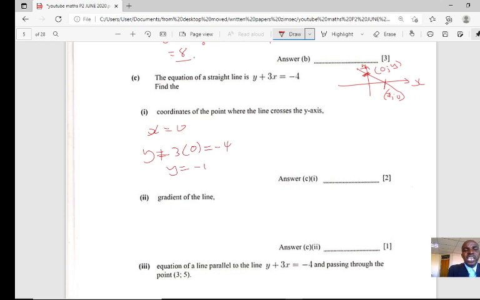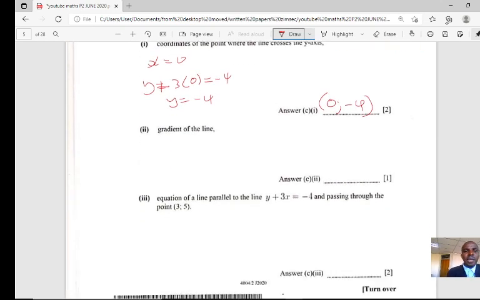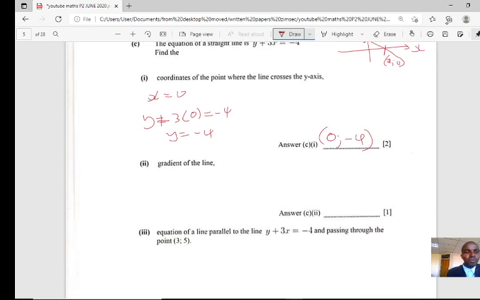So simplifying, you get y is equal to minus 4. Done. And in this case, what is needed is the coordinate actually. So this one is the y coordinate. What about x? So it will be (0, minus 4). This is the coordinate. Take note. That's the coordinate. Then item 2, find the gradient of the line.